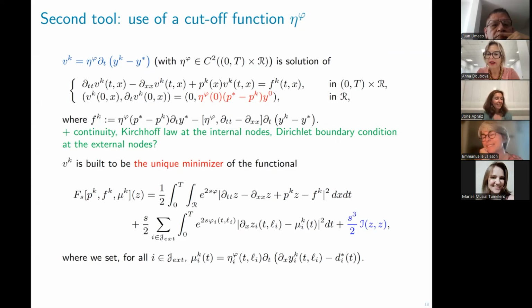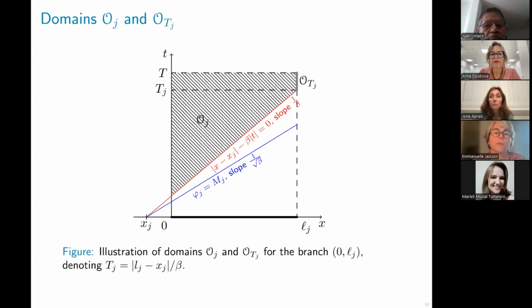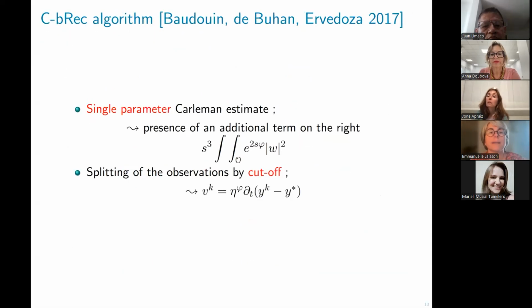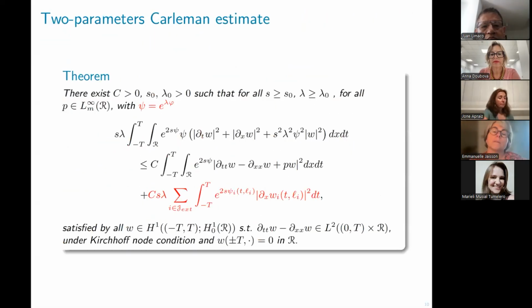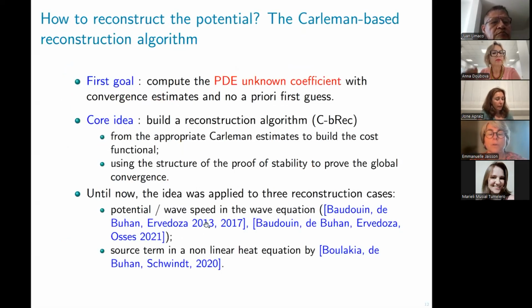We have one question in the chat from Luis Japu. He is asking for two parameters Carleman, the method does not work. In fact, if you take a two parameters Carleman estimate for the algorithm, it works. It was given by Lucie, Maya, and Sylvain in 2013 for the wave equation, not on a network, but on a bounded domain.